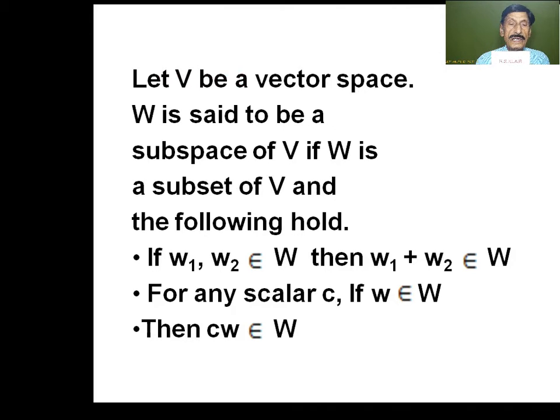W is said to be a subspace of V if W is a subset of V and the following hold. If W1 and W2 are elements of W, then W1 plus W2 is also an element of W. For any scalar C, if W is an element of W, then CW is also an element of W.